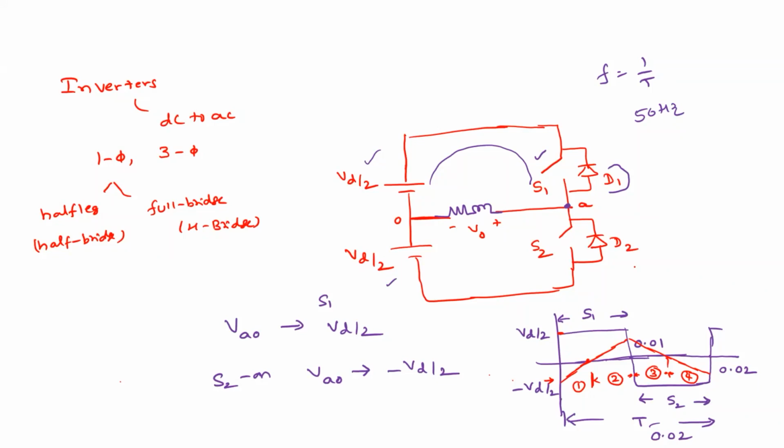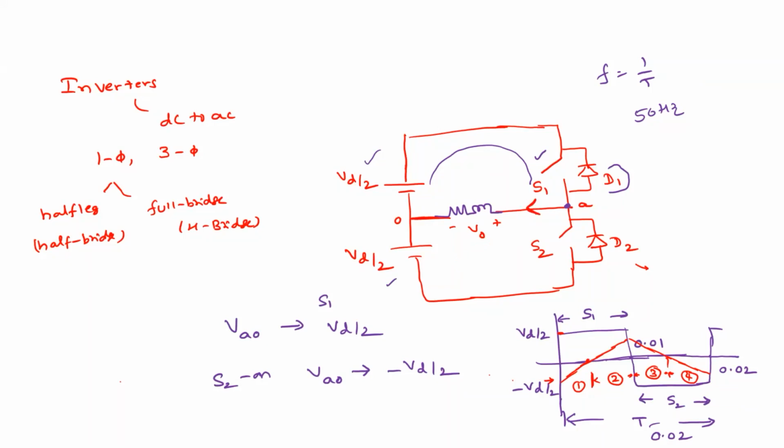So that's why these are known as freewheeling diodes. During this period of time, let us assume this is the original current direction. Negative current means the current is flowing in the opposite direction. So which device is conducting during this period?